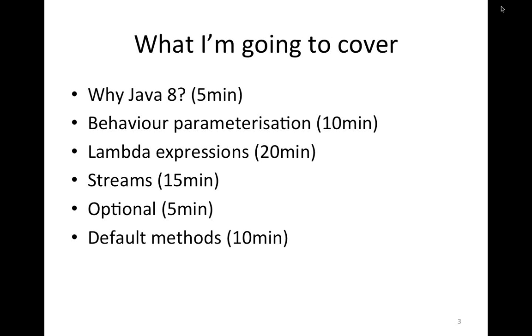Then we'll go on with the next big Java 8 feature, which is streams. Finally, we'll discuss a new class called Optional that might change how you deal with null pointer exceptions. And we'll conclude with default methods, which are an enhancement to interfaces in Java. There's a lot to cover, and my goal is to give you an overview of all of them, but specifically to show you how you can improve your code base using those features.